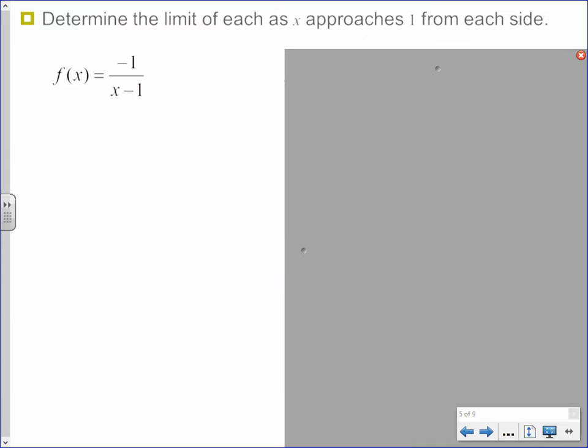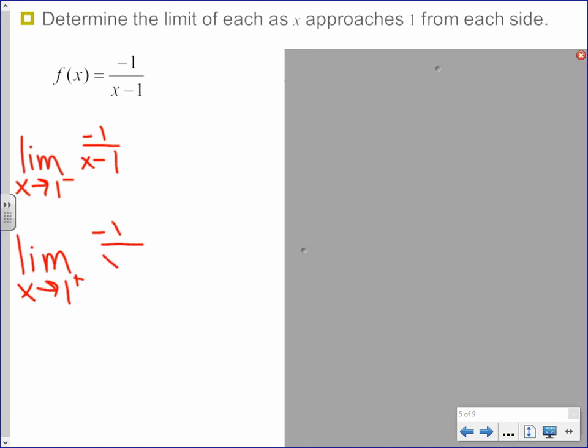Go ahead and write down your function. We are going to look at the right hand and left hand limits as x approaches 1.